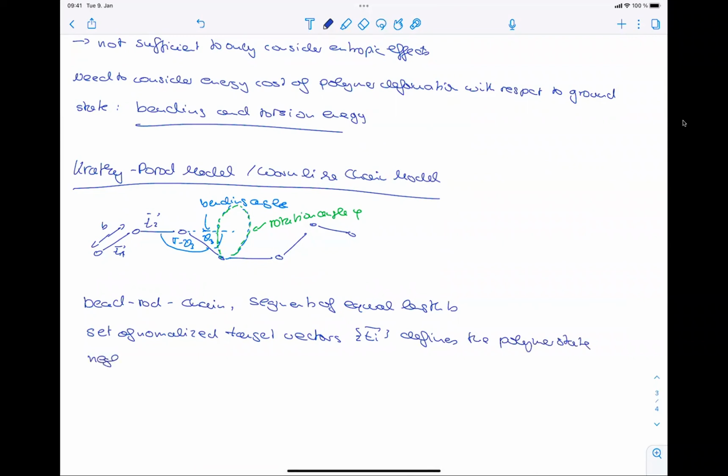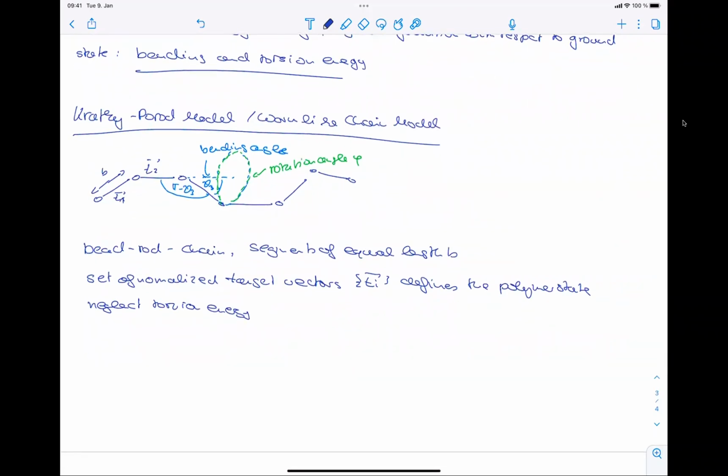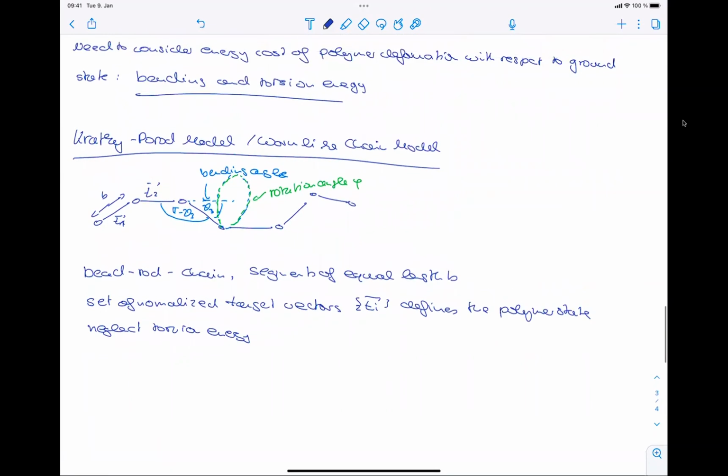We do neglect any torsion energy, but we consider a bending cost.